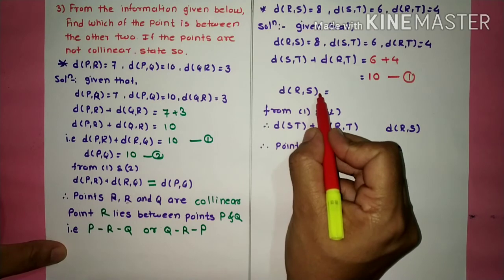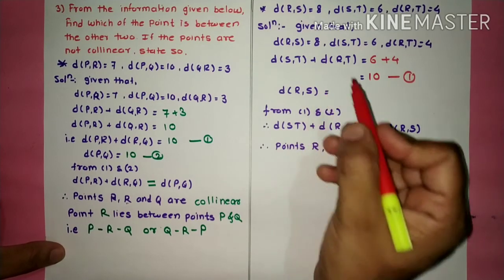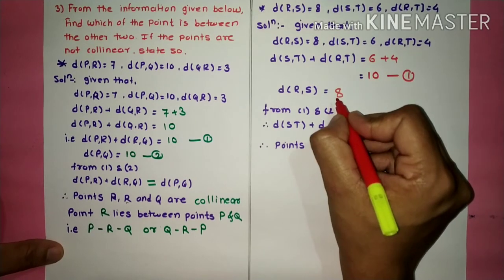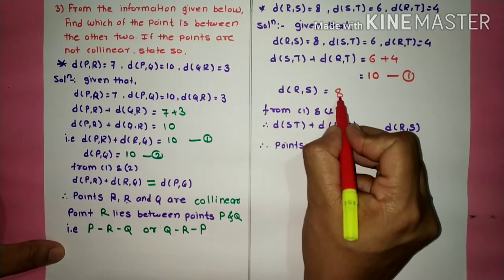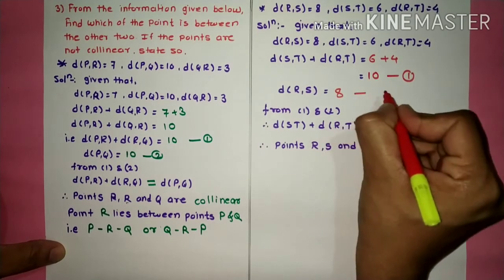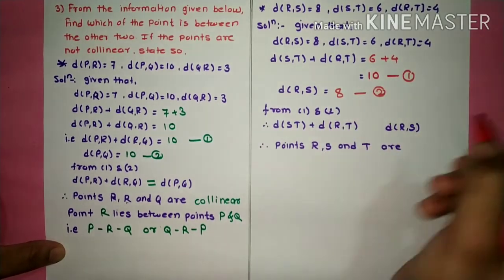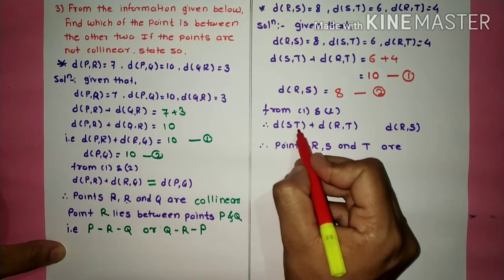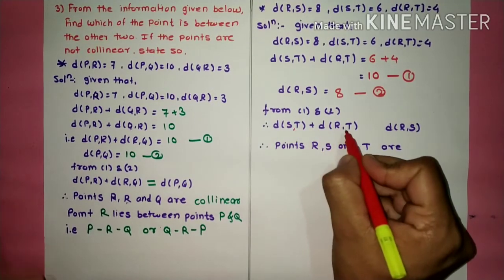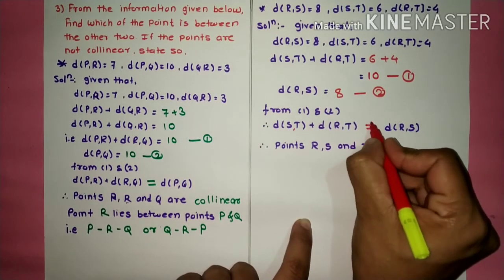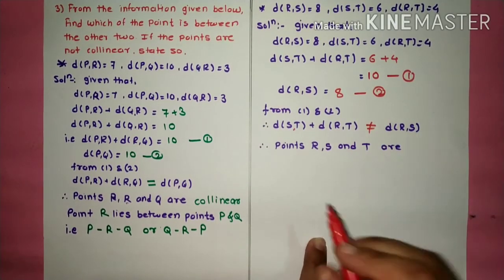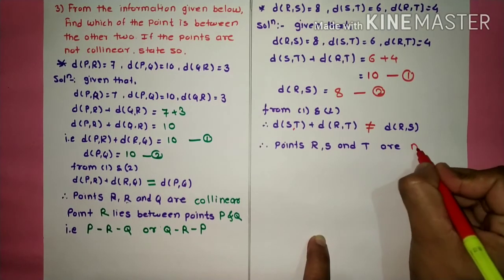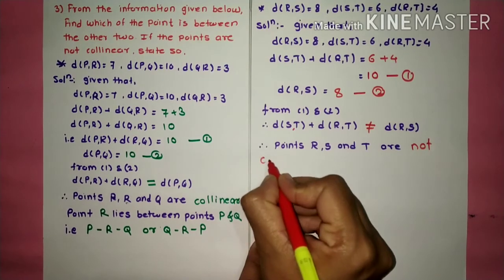Distance RS equal to 8. Means length of the larger segment is 8. From 1 and 2 we can conclude that distance ST plus distance RT not equal to distance RS. Therefore points R, S and T are not collinear.